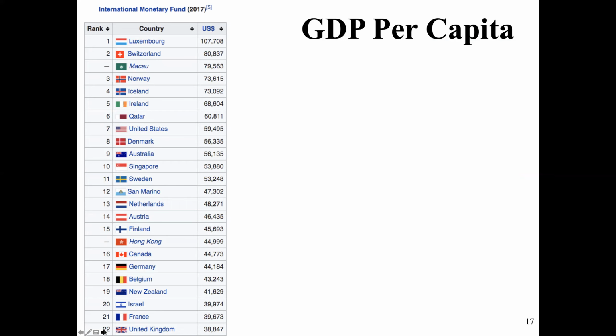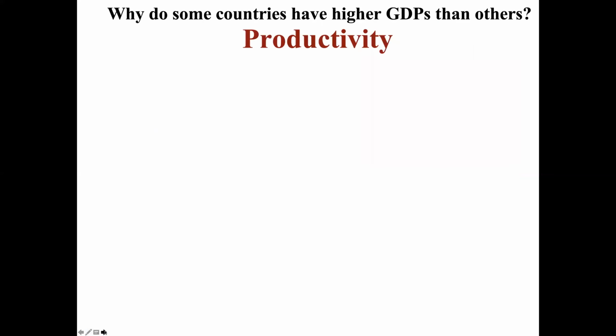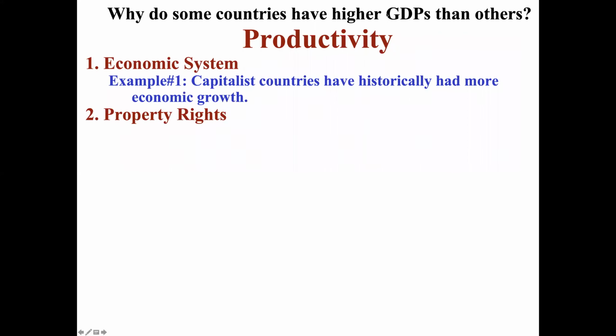So what is going to determine which countries have a higher GDP? This is a super complex issue. This is like the study of development economics. It's a little bit messy, but there are some basic things that we can show that are going to increase productivity of an economy and therefore increase GDP and GDP per capita.